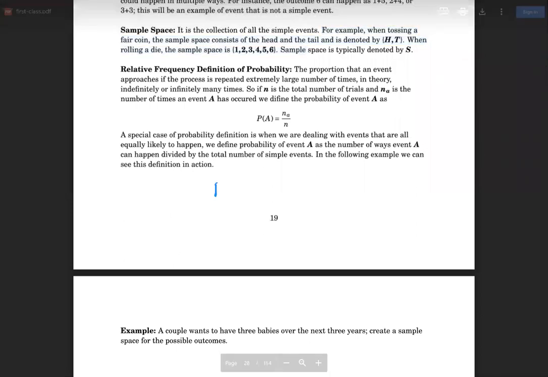The probability of some event A is the same as the number of times that event A has showed up or happened, divided by the total number of trials, or total number of times you have tried. This is also known as the relative frequency definition of probability.